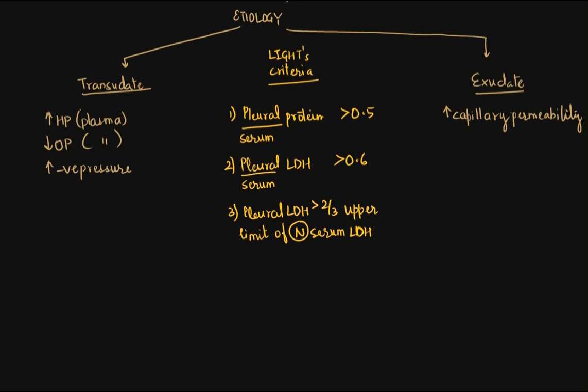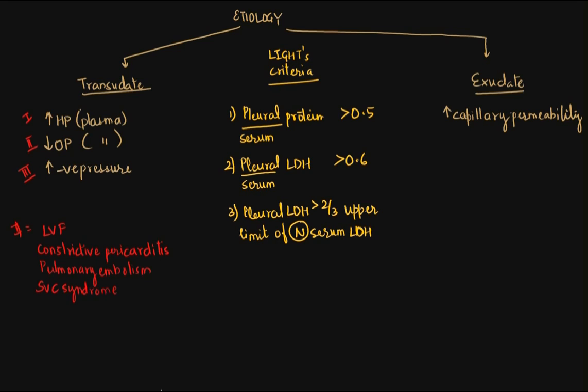Now let us look at the causes of transudates. Causes via the mechanism of increased hydrostatic pressure include left ventricular failure, constrictive pericarditis, pulmonary embolism, and superior vena cava syndrome.